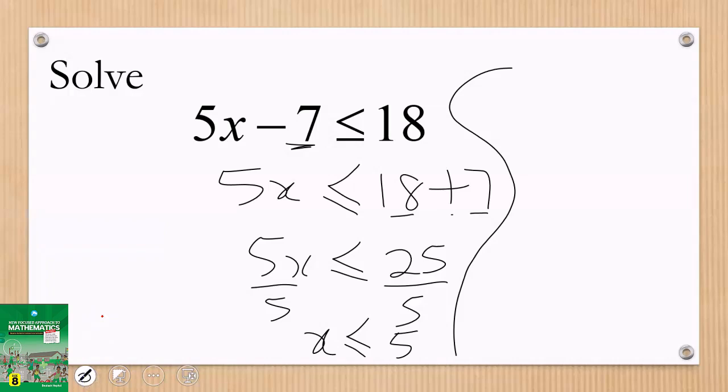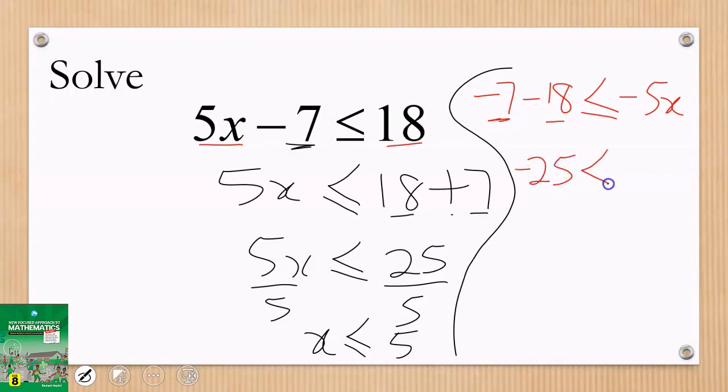The person chooses to keep negative 7 here, move this 18 to become minus 18, bring the symbol, and move this to become negative 5x. It's possible somebody can do this. Now, when we do negative 7 minus 18, that will give us negative 25 less than or equal to negative 5x.